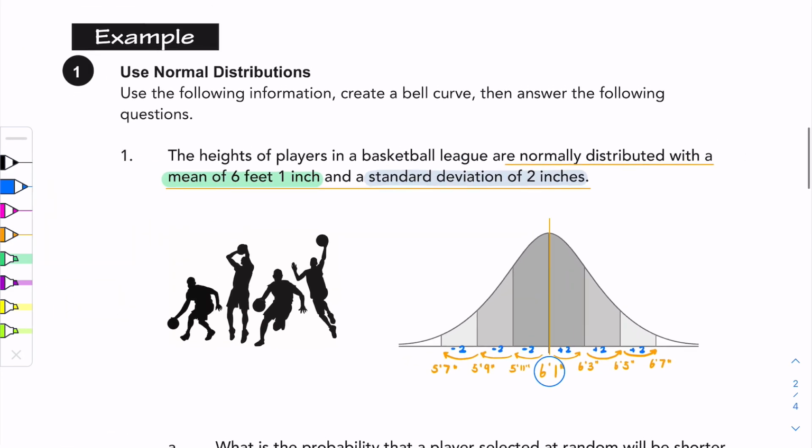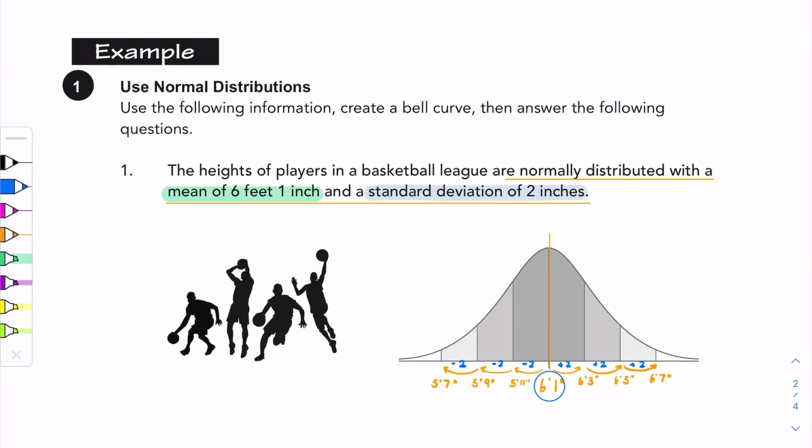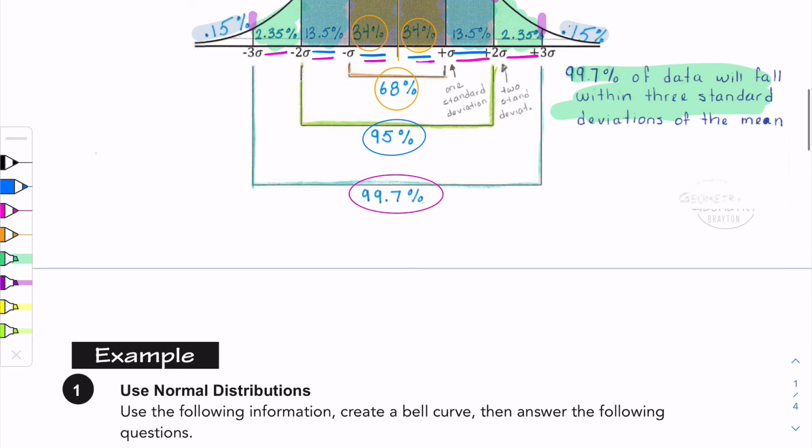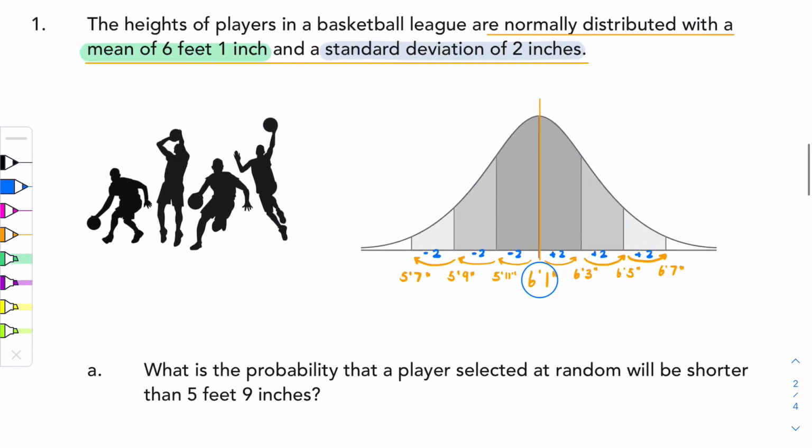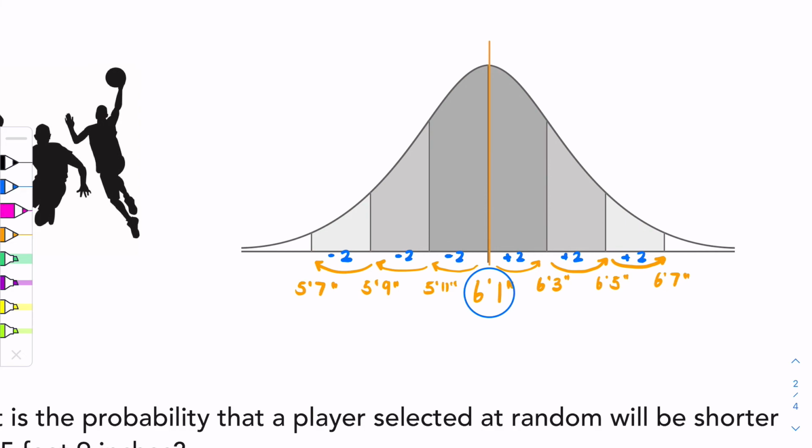Now that we filled in our mean and what our standard deviation is talking about, we need to use the percentages that we just talked about. These percentages never change. They are the same for every single problem. The first 2 columns represent 34% of the data on each side. So within 1 standard deviation, we're talking about 34% of the data. Within 2 standard deviations, we're talking about 13.5% of data.